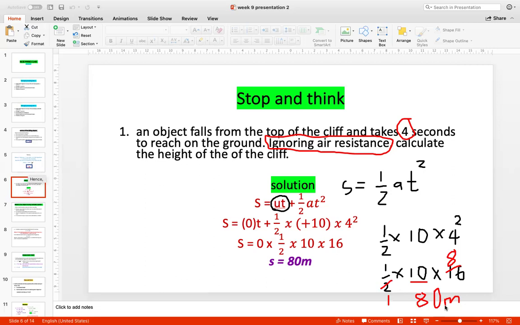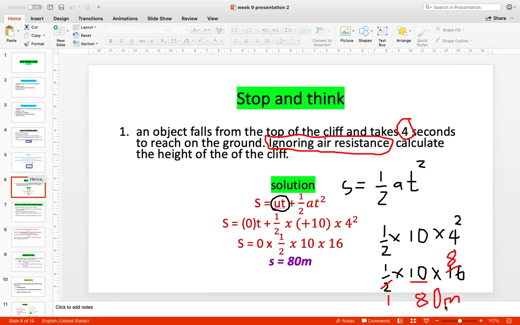Now, there is a very strong argument where somebody says, what happens if the object that is falling has a smaller mass and the other object falling has a larger mass? How does that affect it?